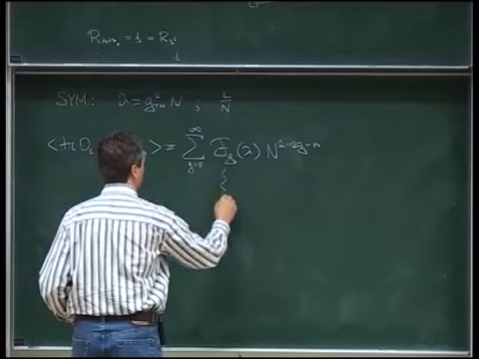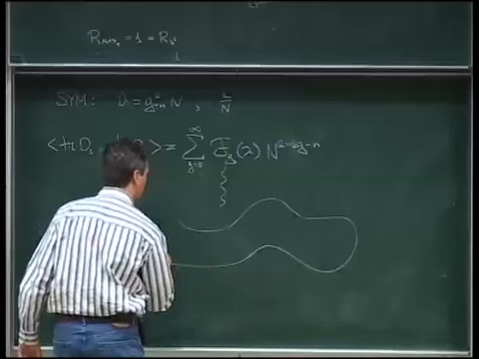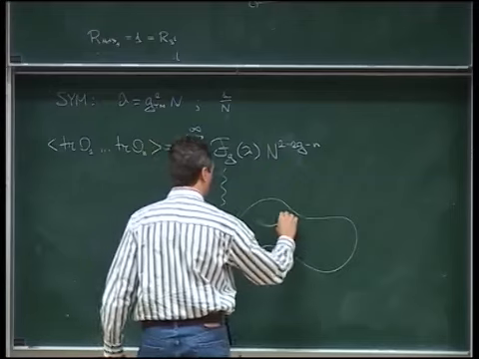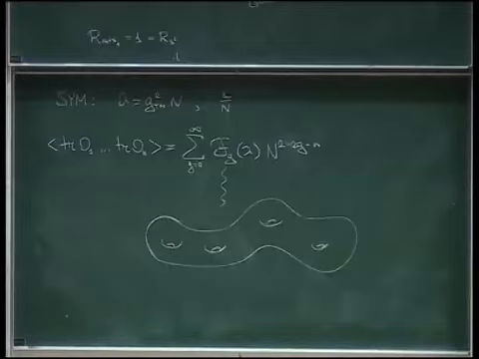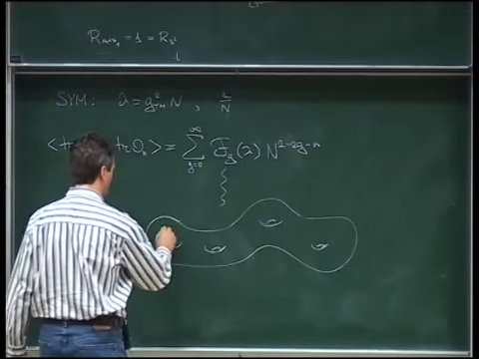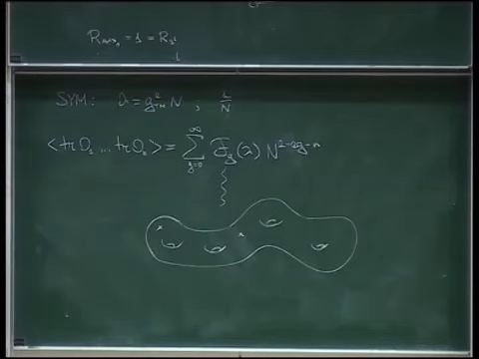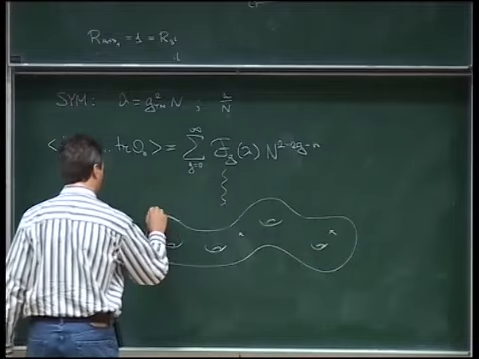Now, topologically, these are given by diagrams that are triangulations of Riemann surfaces of genus g with n holes. So each operator produces a hole in this surface.